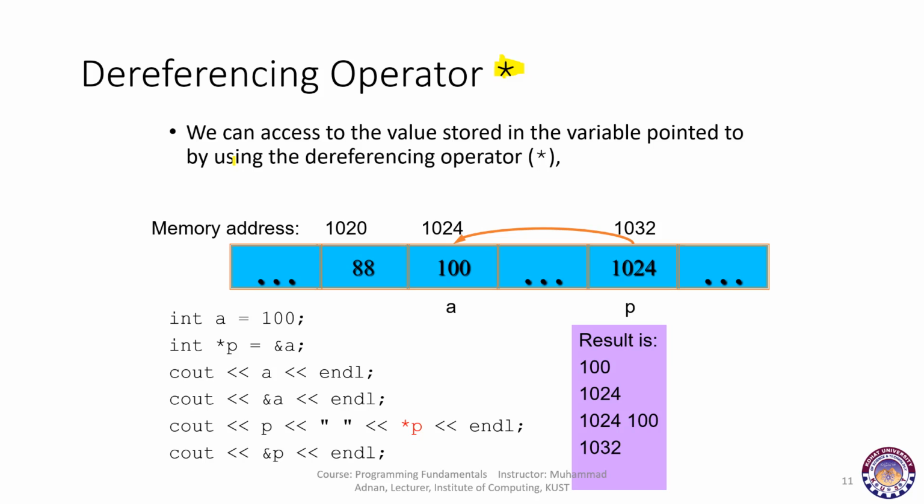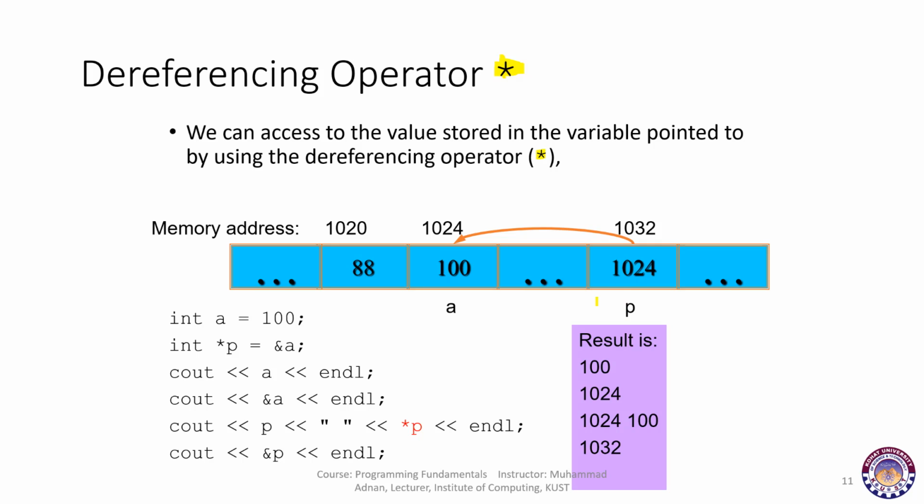Once again I repeat, we can access the value stored in a variable pointed to by using the dereferencing operator, which is the asterisk. So once again we have these memory addresses, and a has the value of 100, and the pointer p has an address 1024.